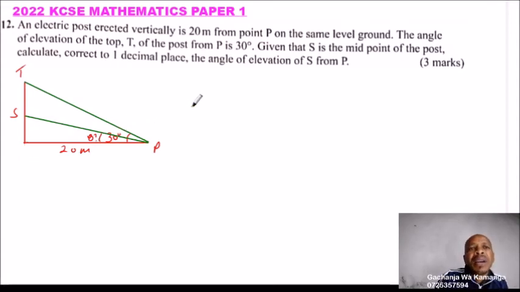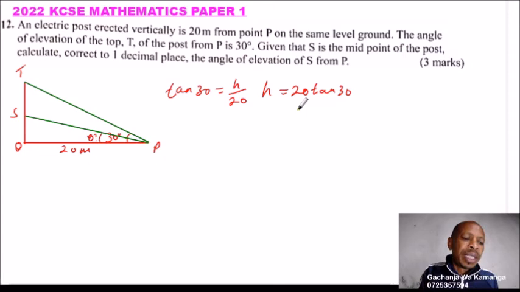Since we have been given the angle 30, we can get the height of the post. Let's call that point O. We can use tangent and say tan 30 is equal to opposite, which is the height h, divided by the adjacent, which is 20. So h is equal to 20 tan 30. Using a calculator I get 11.5, because we are working to one decimal place.